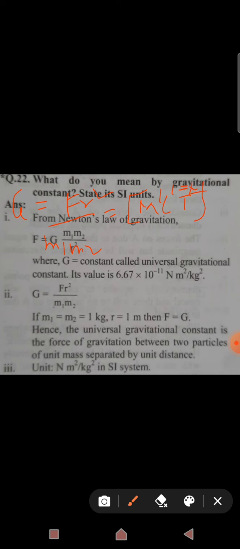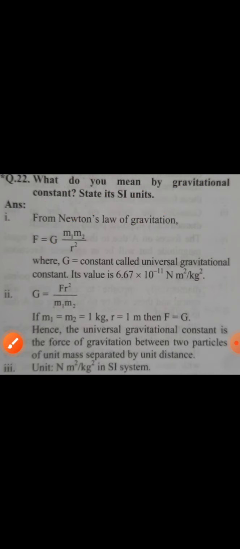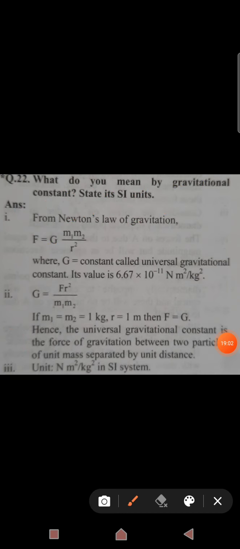So F r square upon m1 m2: F is 1 in mass, 1 in length, minus 2 in time. r square means distance square, means L square, and m1 m2 we can write as m square, right?